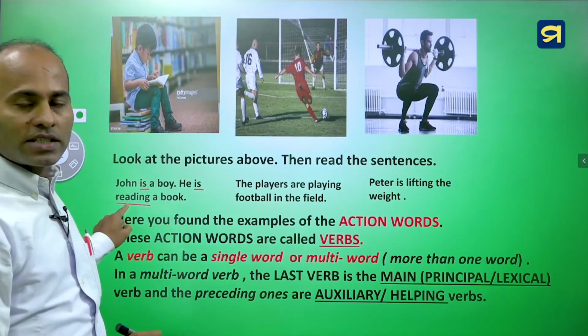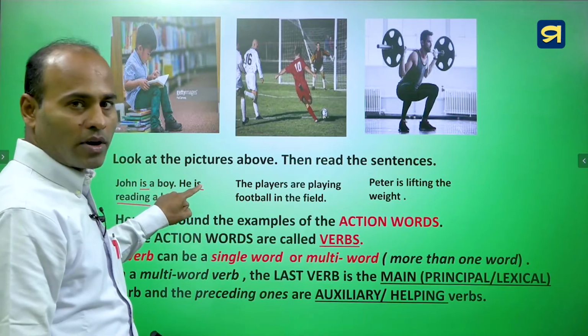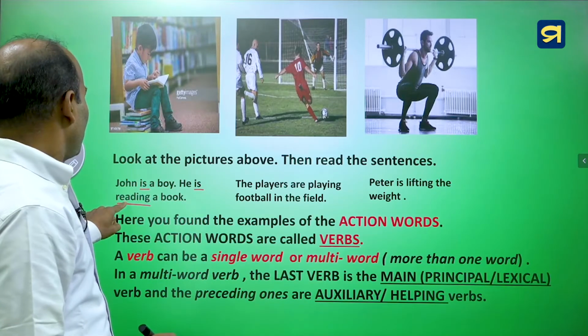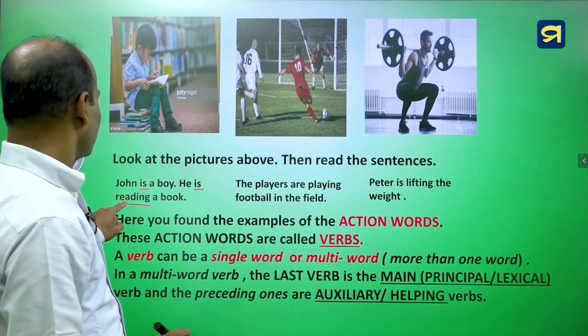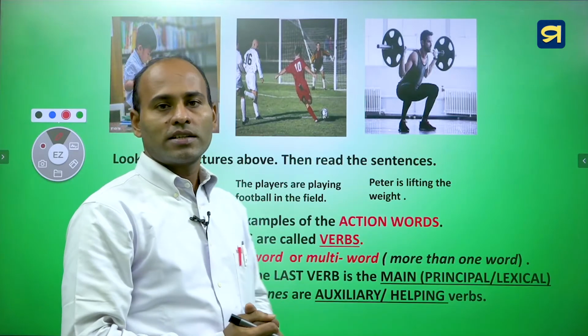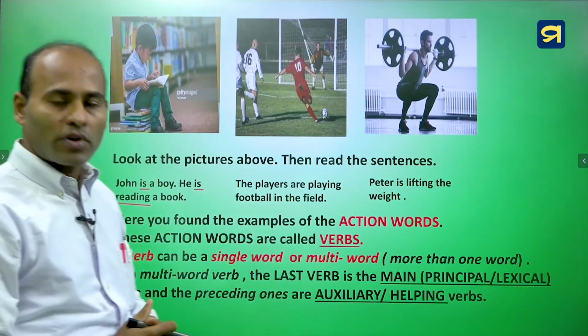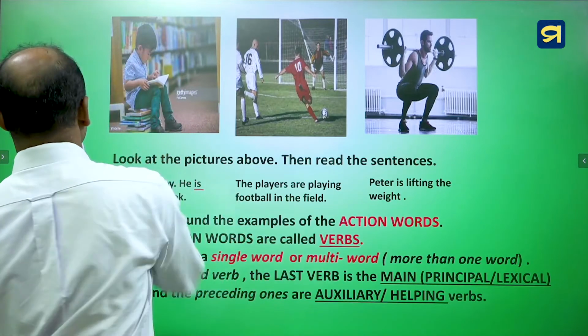So here is reading. In this case, is the be verb and the next word reading is in its ing form or progressive form, denoting that the action is in progress. Okay?